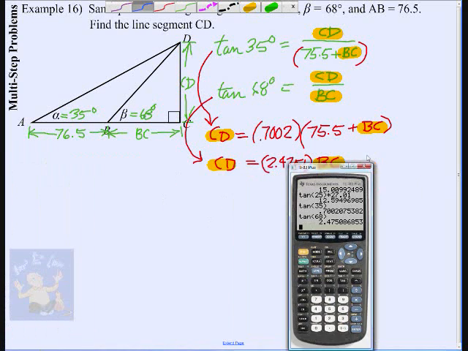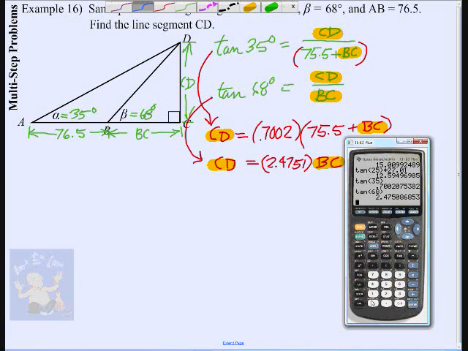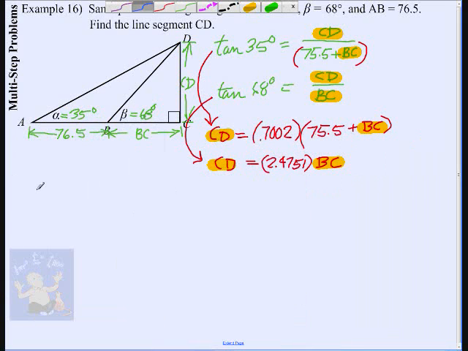Let's do my multiplication as I go here. 0.7002 times 75.5 is 52.8651.